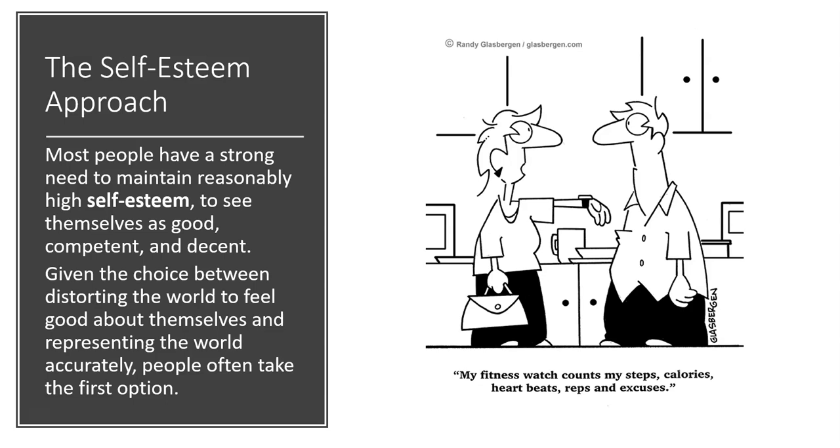If we're given a choice, and there's decades and decades of research to show that this is the case, between distorting the way we perceive the world in order to continue feeling good about ourselves, we're going to go with that, even if it distorts the reality.